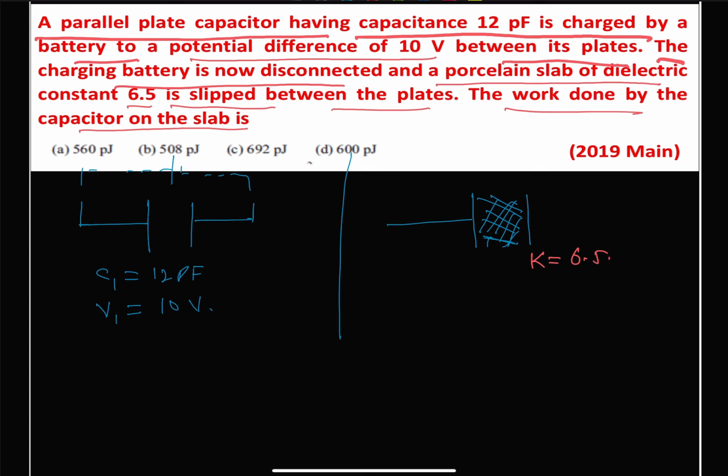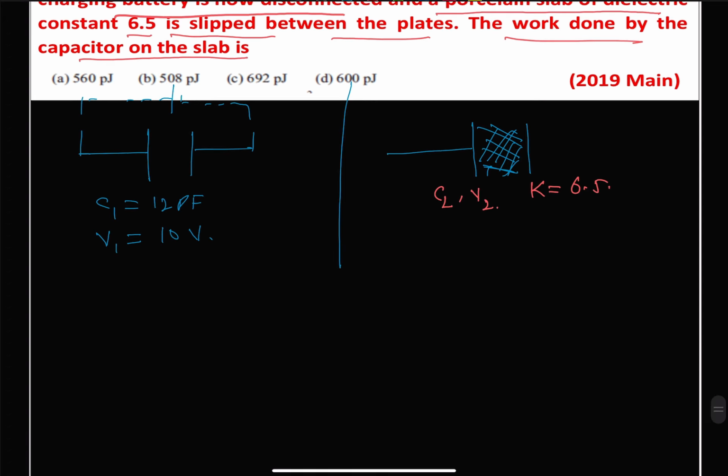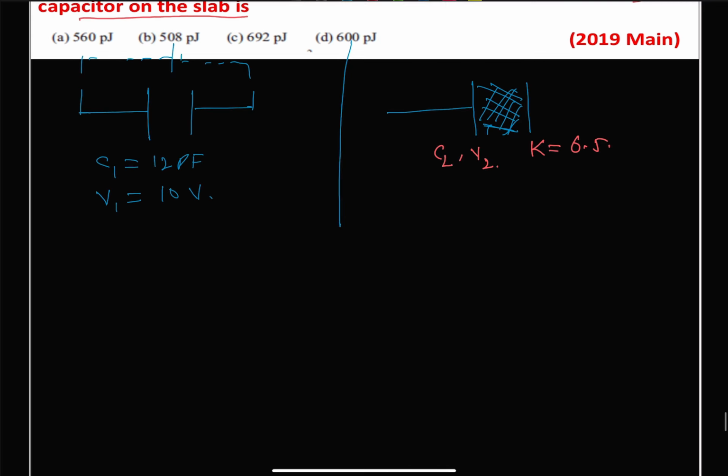And let us suppose the capacitance is now C2 and the voltage is V2. The charge in the first case is Q1, and in the second case it is Q2, which will be equal to Q1, because the battery is disconnected, so the charge is going to remain the same.